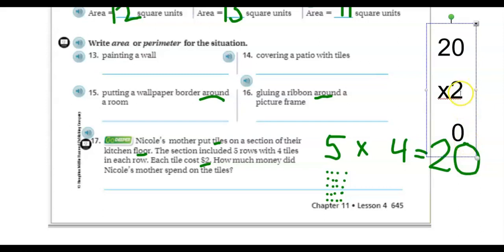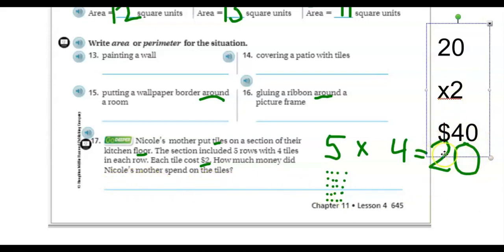Now we go and we multiply the 2 times the tens column. So we do 2 times 2 is 4. And we know that 2 groups of 20 is 40. So they are going to spend, find our dollar sign, $40 on tiles.